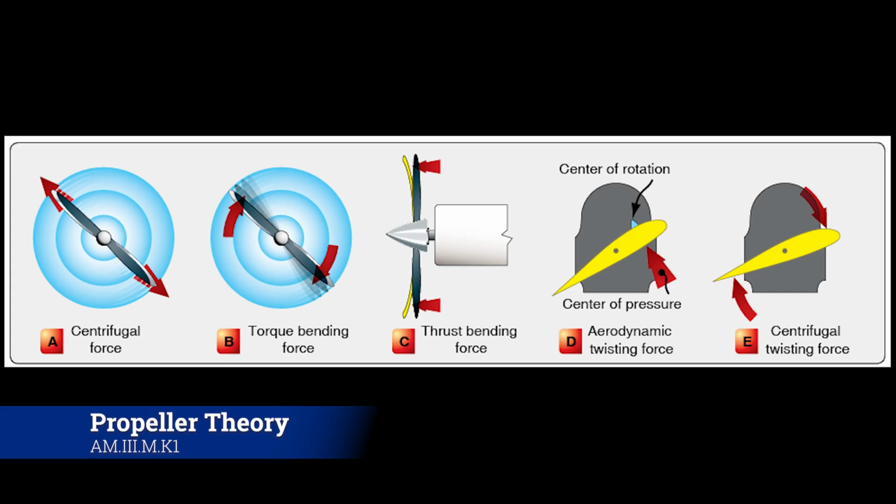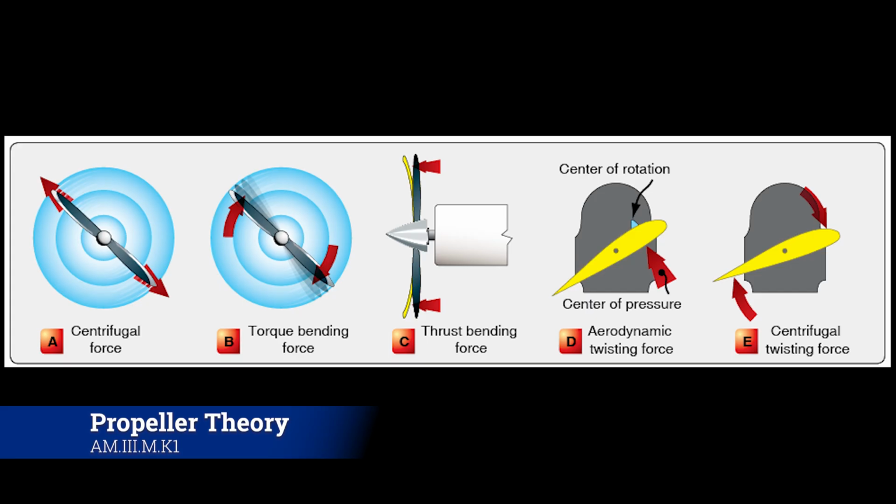And so there's this tension that happens. That tension is overcome by the propeller hub, effectively keeping the right amount of pressure on that blade. We're going to get to how that works in just a little bit. But effectively, that is what causes the propeller to go forward. That's called the aerodynamic twisting force.